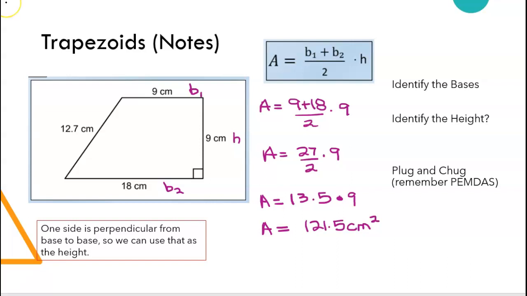Now we know that this is going to be the height because it's the distance between the two bases. And this is going to be base number 1 because it says B1 on it, right here. And this is B2. So now we just have to plug and chug into our formula.